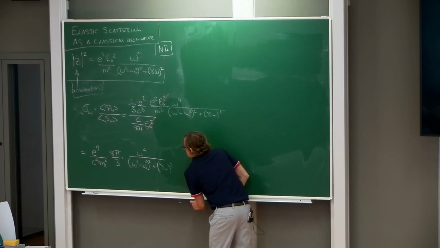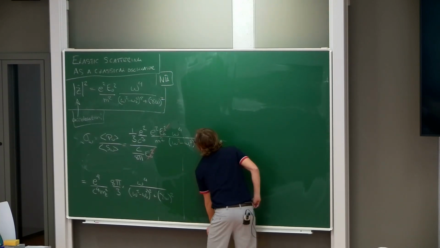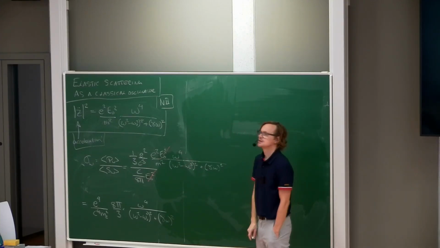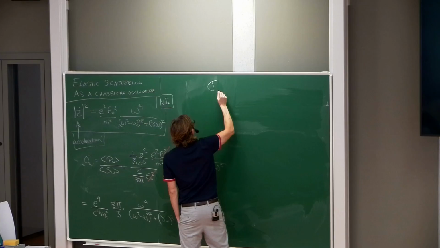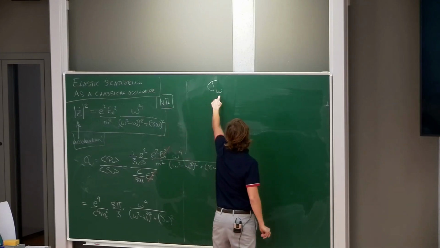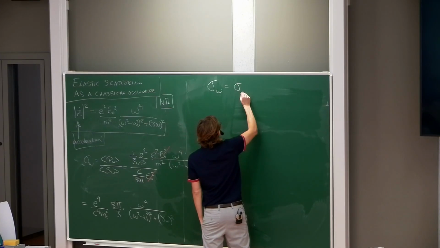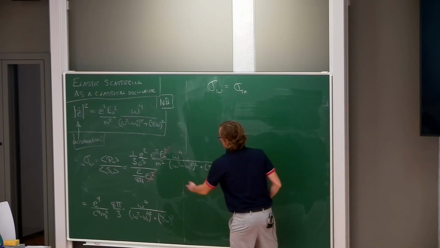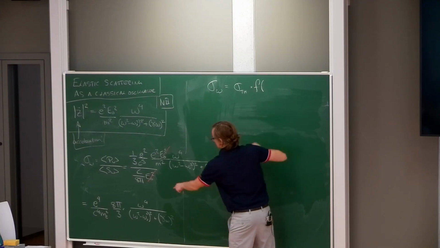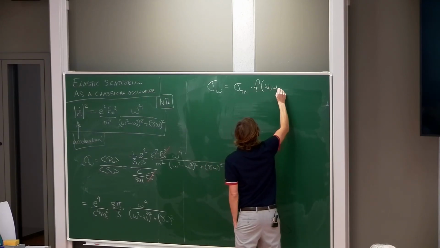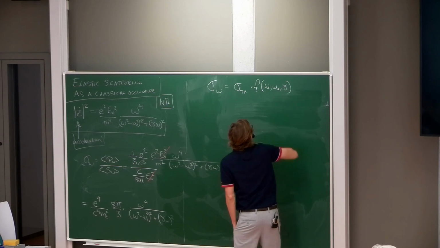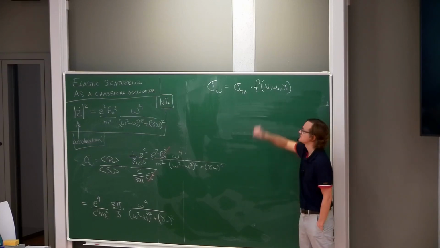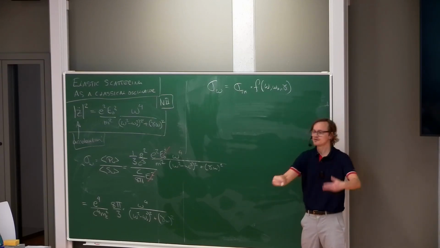This is interesting, because in front here we have a constant. So we can write the cross-section at the given frequency as a constant, which I'm going to call σ Thomson, or σ_TH, and then a function of ω, ω0, and γ. Here γ is the damping coefficient, ω0 is the eigenfrequency of the system, and ω is the driving frequency, the incoming wave frequency.